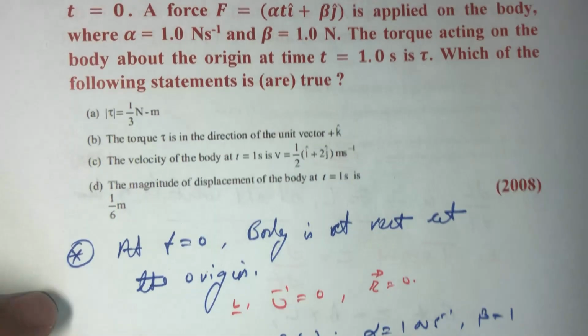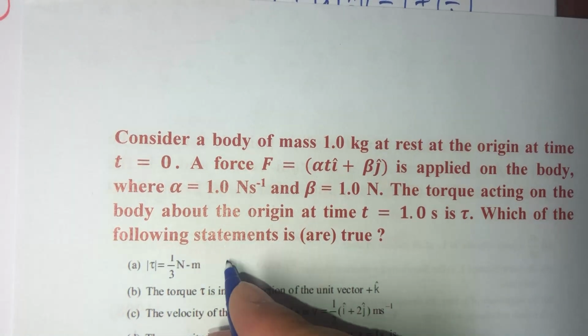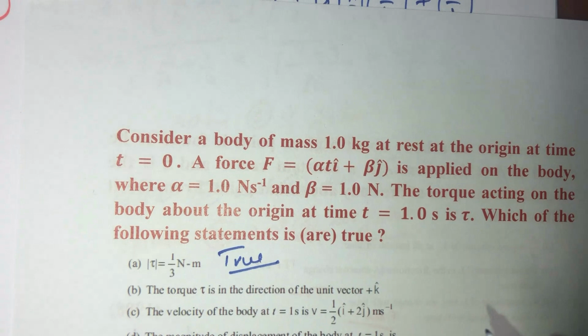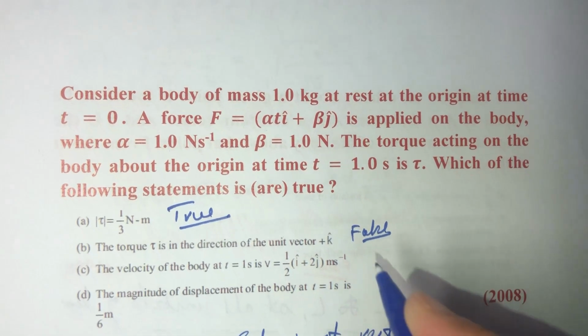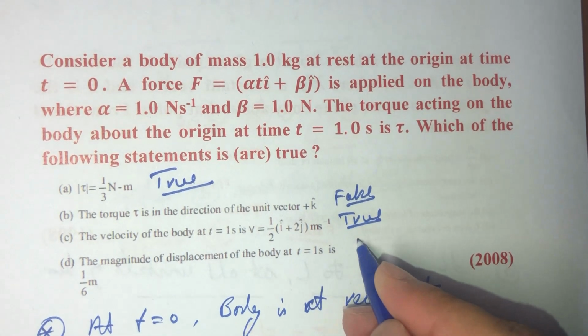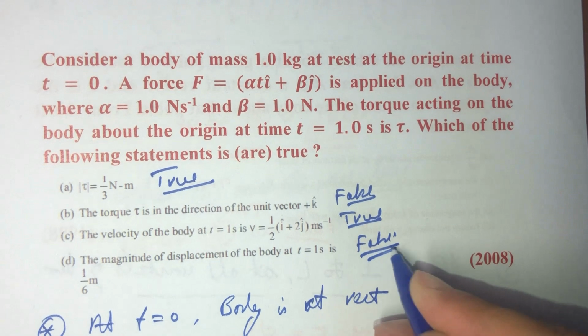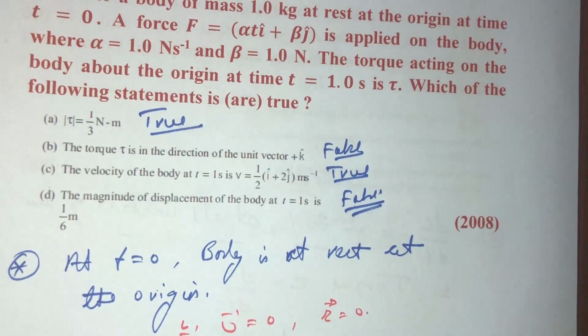So option A is true, option B is false, option C is also true, whereas option D is false. So this completes the question. Thank you.